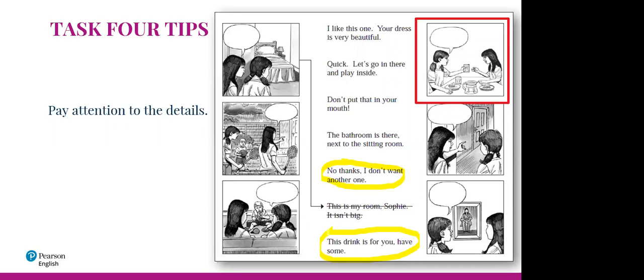We have a situation by a table, right? They're eating something, having lunch or breakfast together. And it's easy to neglect these tiny details, who is speaking and who's holding what, so they can easily make a mistake and choose "No thanks, I don't want another one," which is actually for this one, obviously this girl holding the cup is giving the cup to another girl.